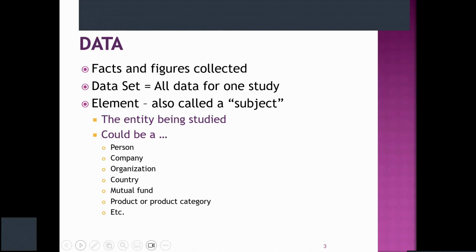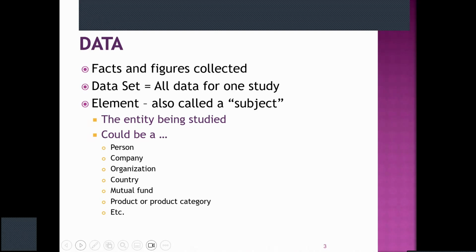Data are the facts and figures that we collect about something, and all of the data for one study is called a data set. Data sets are made up of elements, which are also called subjects. Sometimes they're called cases. And an element is an entity that's being studied.